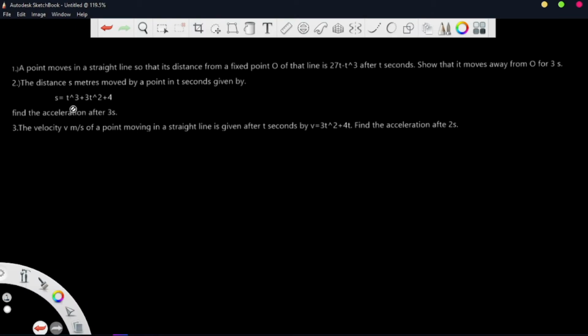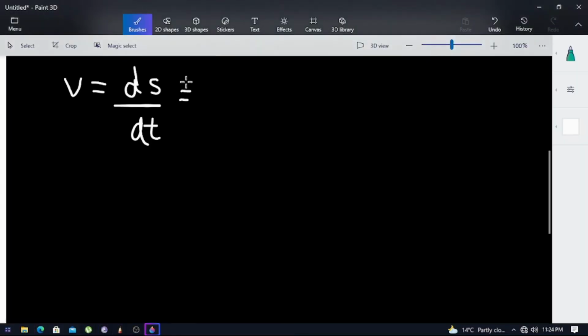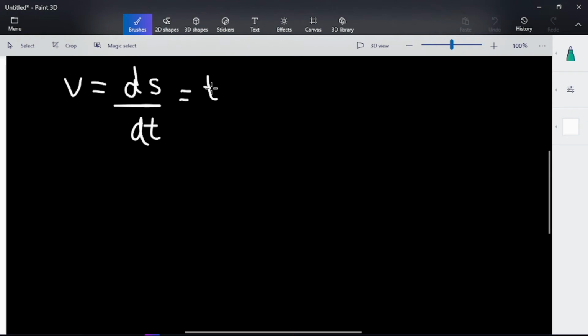We have been given t cubed minus 3t squared plus 4. So let's differentiate this and see what we get as our velocity at a point at the time t.